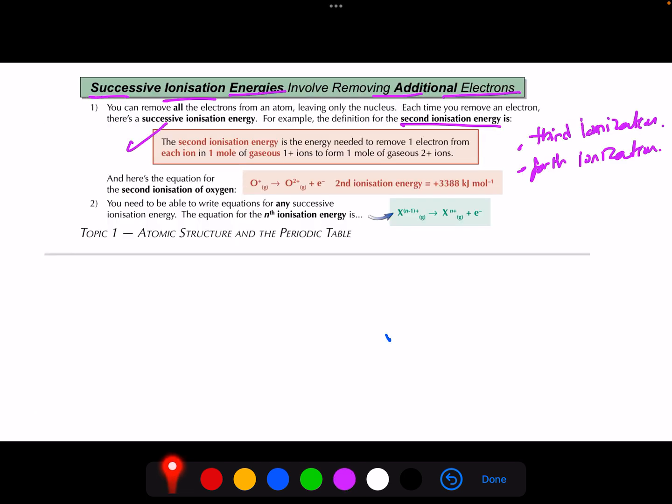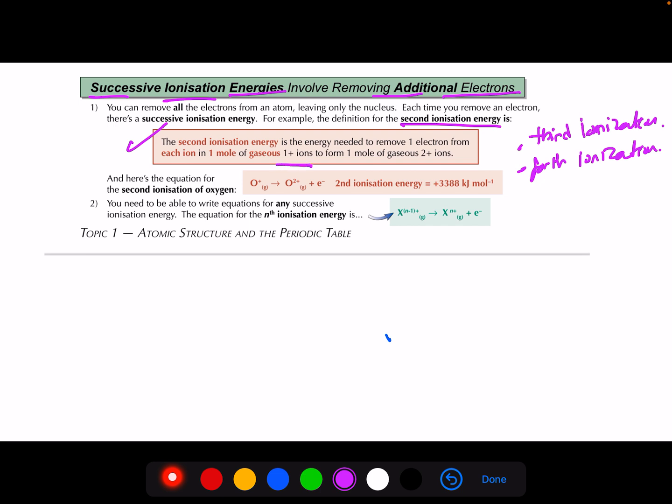So if they're asking you about the second ionization energy, it's the same thing. It's the energy required to remove one electron from each ion in one mole of gaseous +1 ions. Okay, so for the second ionization energy, you're removing this electron from the +1 ion. This is something I want to highlight. You're removing the second electron, right, guys?